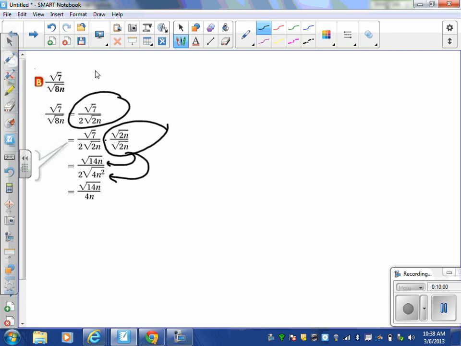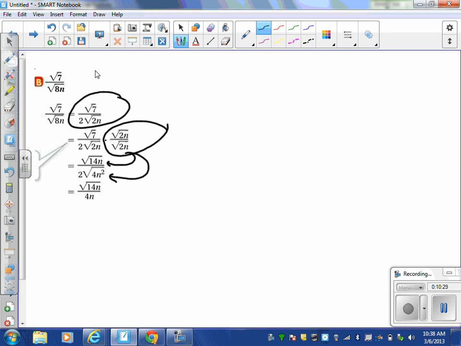Looking at the number on the bottom, 2 square root of 4n squared, we look at 4, knowing that it's a perfect square, and the square root of 4 is 2. So the 2 comes out of the square root sign, along with the square root of n squared, which is n.